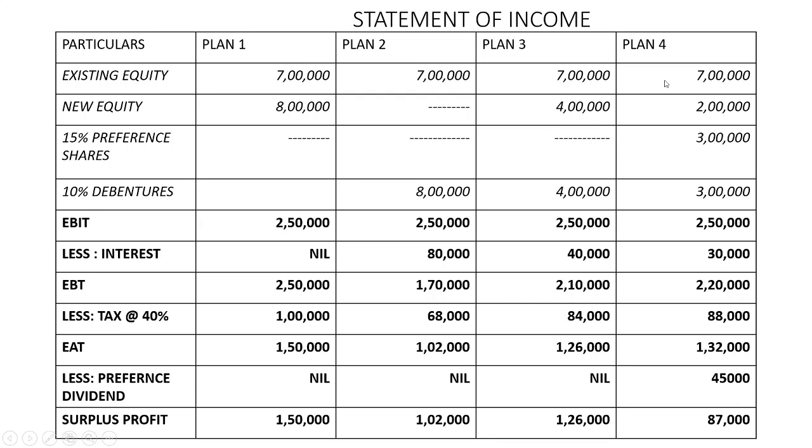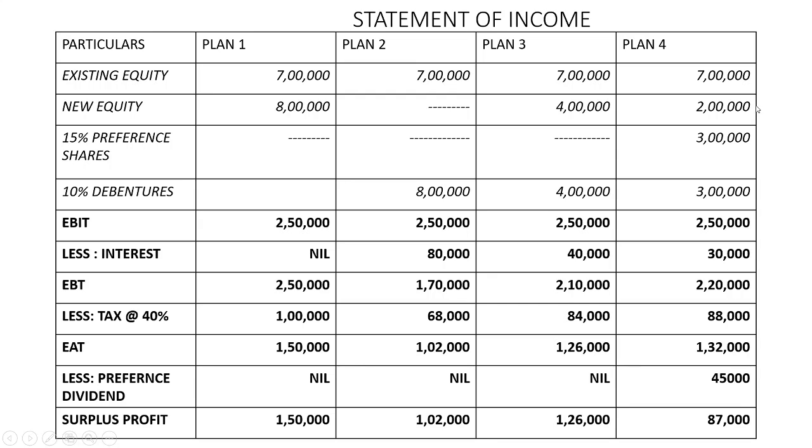In the fourth plan, 7 lakh is the share capital, which means 70,000 equity shares, plus 2 lakh new equity, which means 20,000. So 70,000 plus 20,000, 90,000 equity shares are there in total. So first case 70,000 plus 80,000. Second case only 70,000. Third case 70,000 plus 40,000. And fourth plan 70,000 plus 20,000.